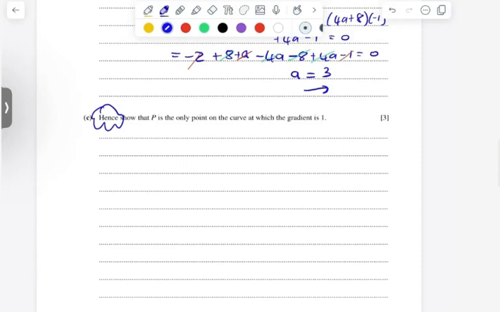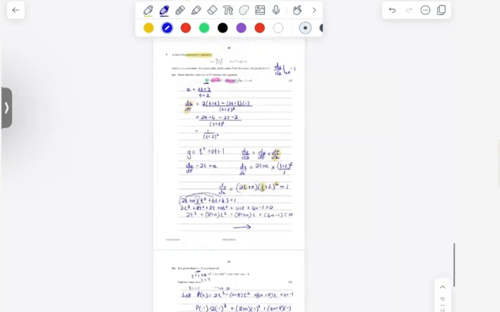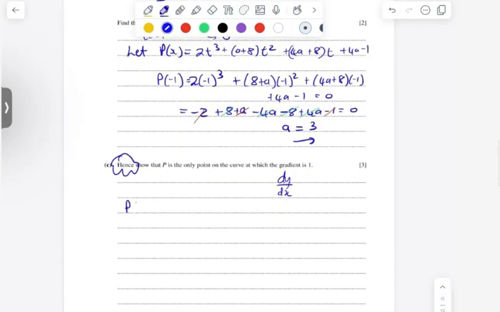Okay, so we need to see that where dy dx at the point P, and P satisfies that equation, and that equation, let's just write it down, is now going to be 2t cubed plus 3 plus 8, that's an 11t squared, plus 3 times 4 is 12, 20t plus 12 minus 1 is 11.